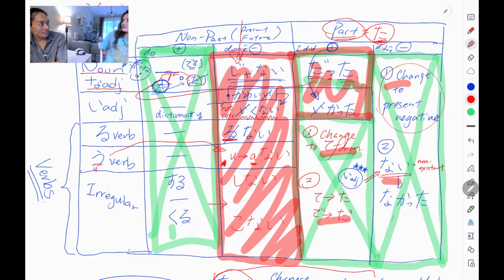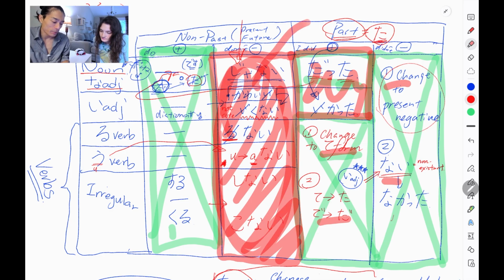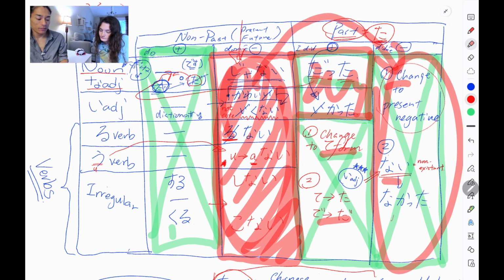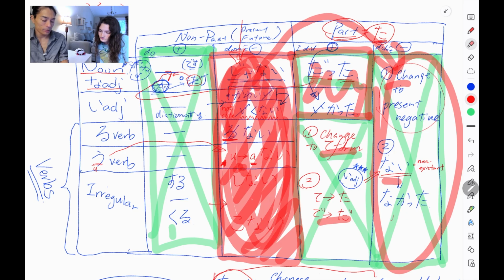Did it work? Yeah, that did make it better. It's the most important because from here we make past negative. So this is the most important, present negative. This is the entire chart of all the words in Japanese, which is pretty cool. So this applies to everything.